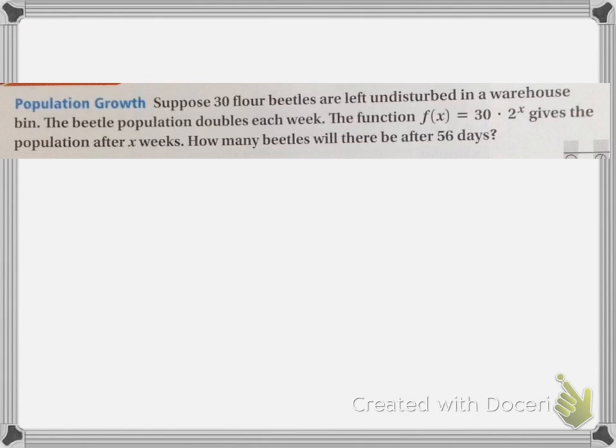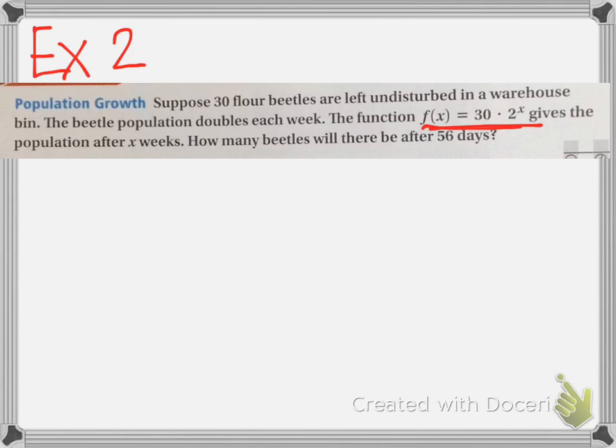Alright, example 2. We're going to use an exponential problem. When I say we're going to use it, I usually mean we are going to do a word problem. So we've got 30 flower beetles that are left in a warehouse. Their population doubles each week. So they give us this function that represents their population.